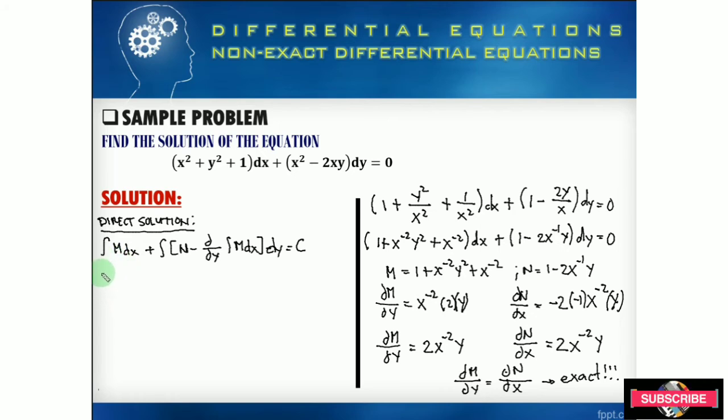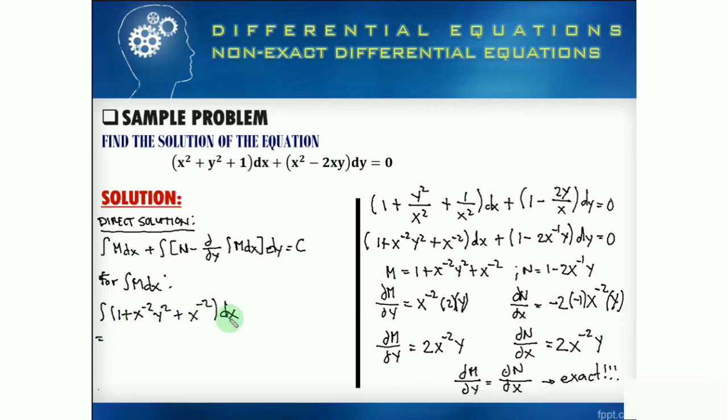So considering first now the integral of m dx. From here we have the integral of this quantity, this is our m: 1 plus x to the negative 2, times y squared, plus x raised to the negative 2, and then we have dx. After that we distribute the integral individually.